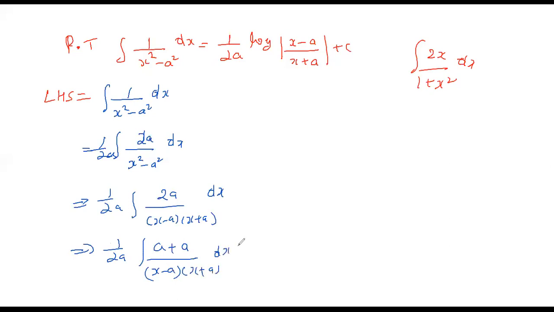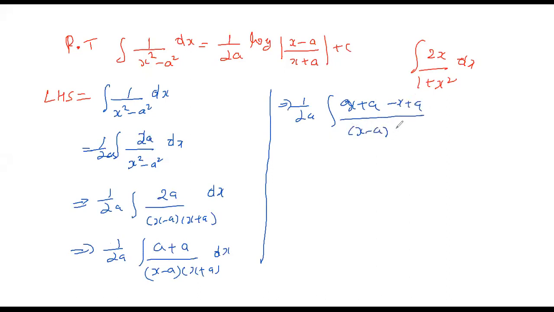Now I add and subtract x. So 1 by 2a into the integration of a, x plus a minus x plus a, divided by x minus a into x plus a dx.